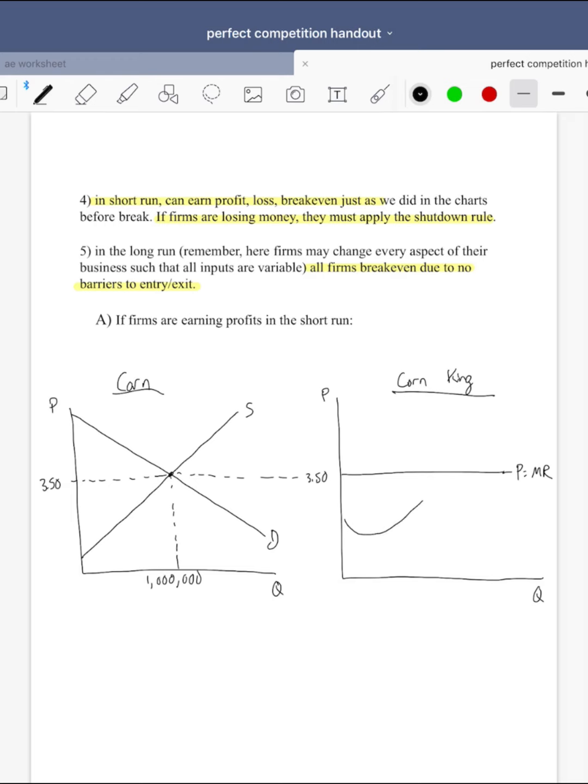And let's say that the price is $3.50. And I believe we said that we were selling 1 million units. So if the market price determined through the interactions of demand and supply is $3.50, then that means that I'm going to charge $3.50 as well as the Corn King. So my market price is going to be $3.50.